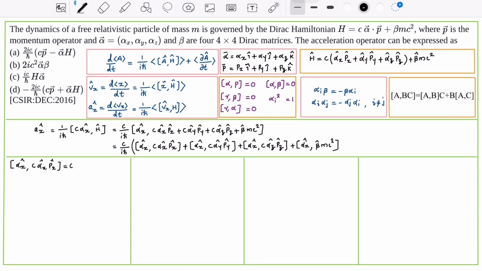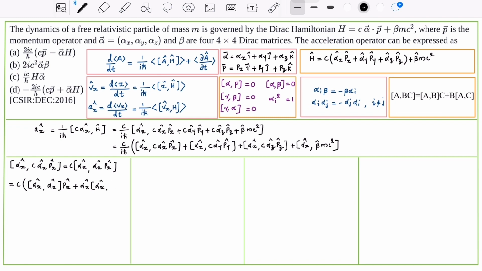This is equal to c times the commutator of alpha x, then alpha x px. We can use the formula for the commutator of a and bc, so that our commutator becomes c times the commutator of alpha x and alpha x, px, plus alpha x times the commutator of alpha x and px.